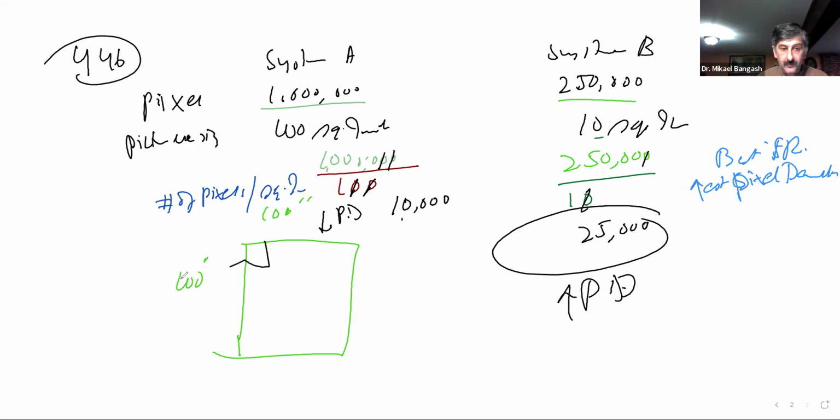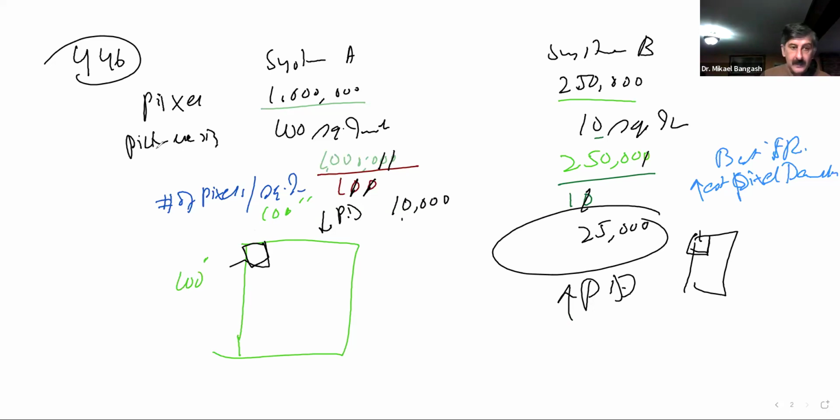Because we took 1 square inch of this image and 1 square inch of this image, and counted the number of pixels. We only had 10,000 pixels in that 1 square inch here, whereas in this, it was 25,000.